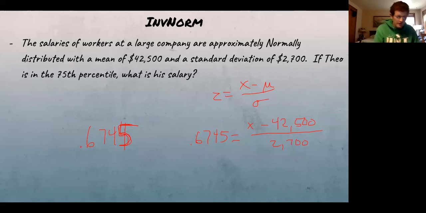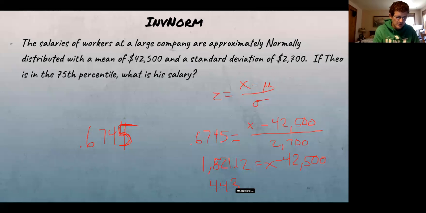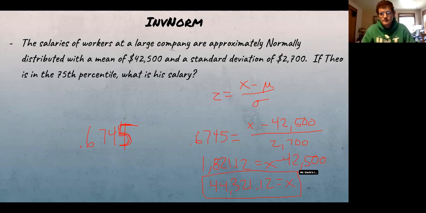So this is going to be 1,821.12 equals x minus 42,500. If I add 42,500 to both sides, I get that his salary is $44,321.12. And again, the last part's just algebra.